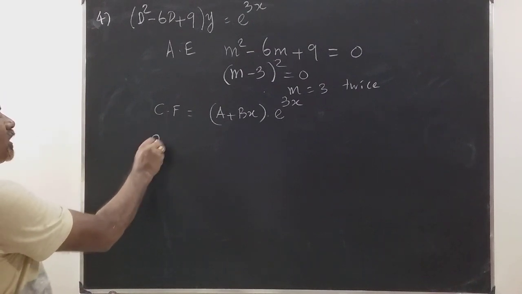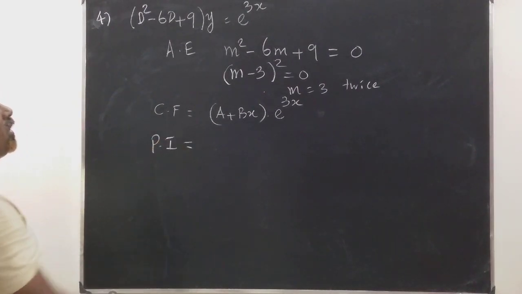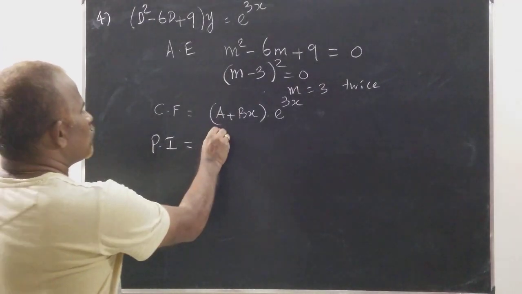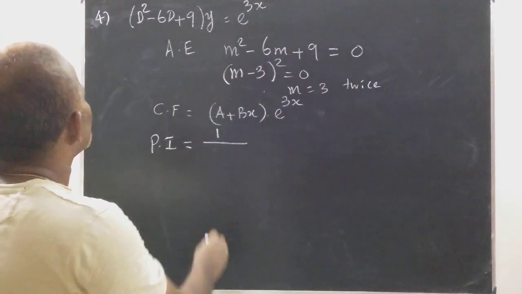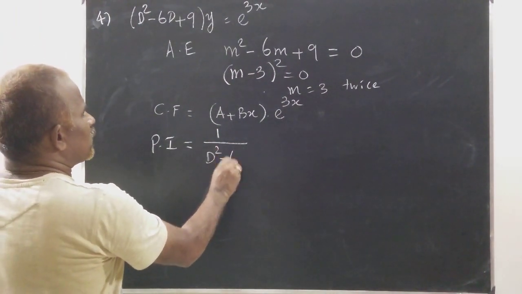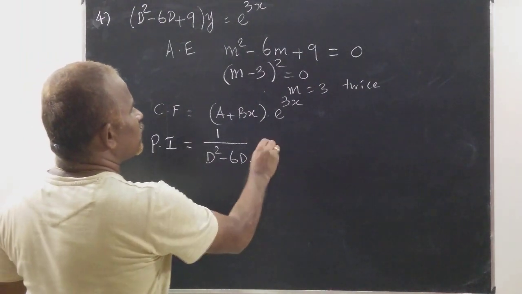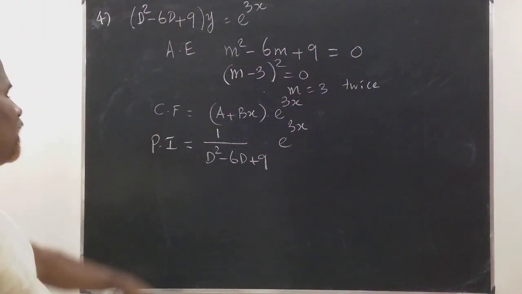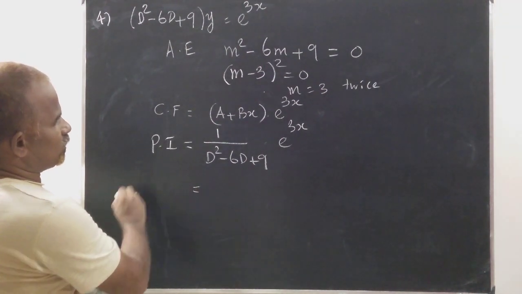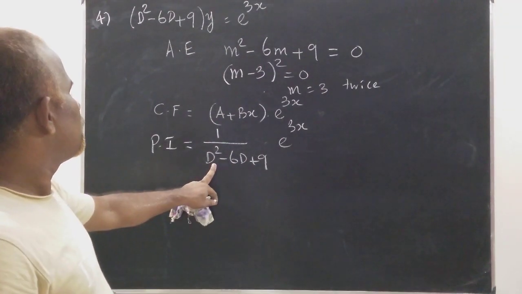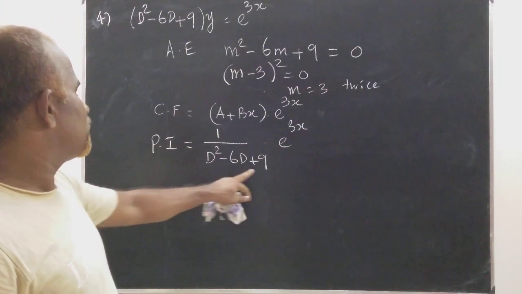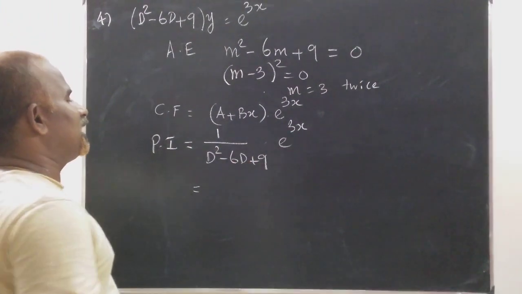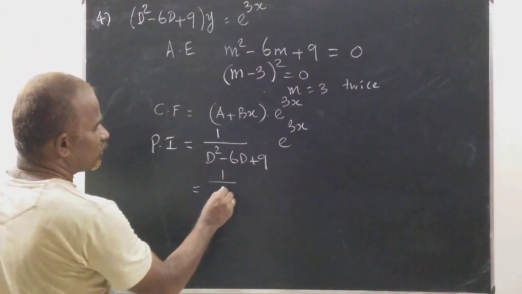So the particular integral is equal to 1 by d squared minus 6d plus 9 into e power 3x. You substitute here: 9 plus 9 minus 18, so this is 0.